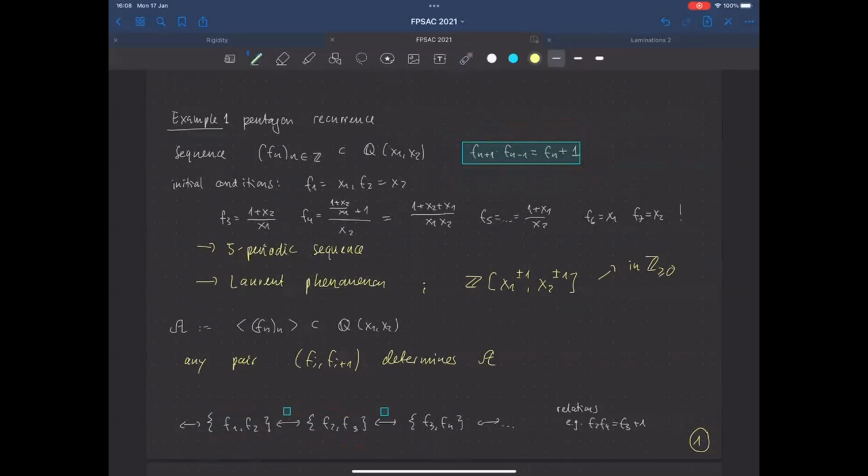And in that language, these sets of generators are clusters, and the Fi are cluster variables. And the exchange, this box, is the so-called mutation. So that's the first classical example.